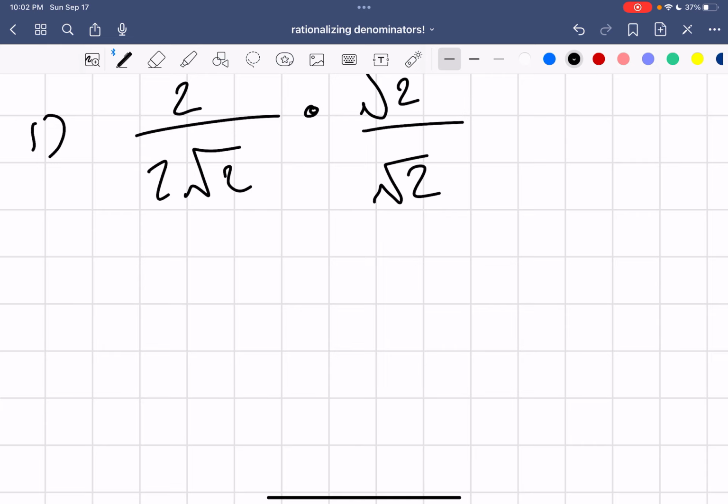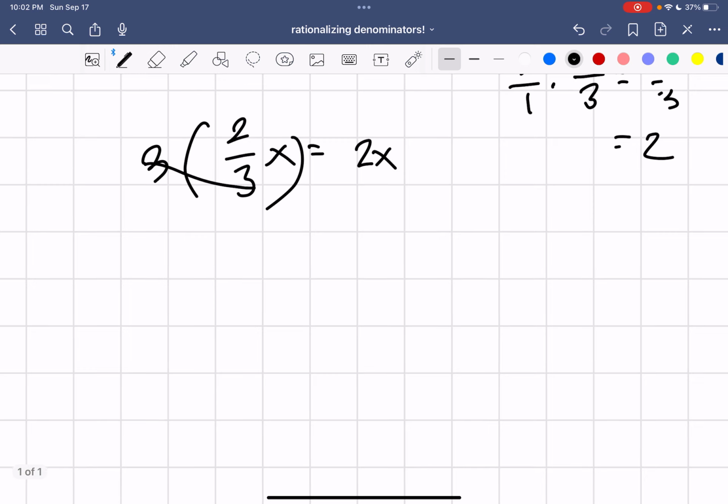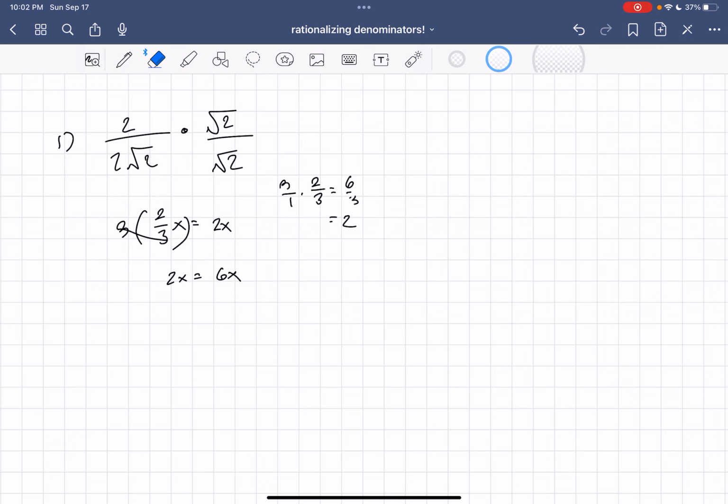Oh, wait, yeah. So if you have 2 over 3 in an expression, like 2x, and you want to get rid of the fraction, you would have to multiply by 3 to cancel those out, because 3 over 1 times 2 over 3 is equal to 6 over 3, which is just equal to 2. That means 2x is equal to 6x, which is not true. But that was just an example of how you would cancel out a fraction in an equation.